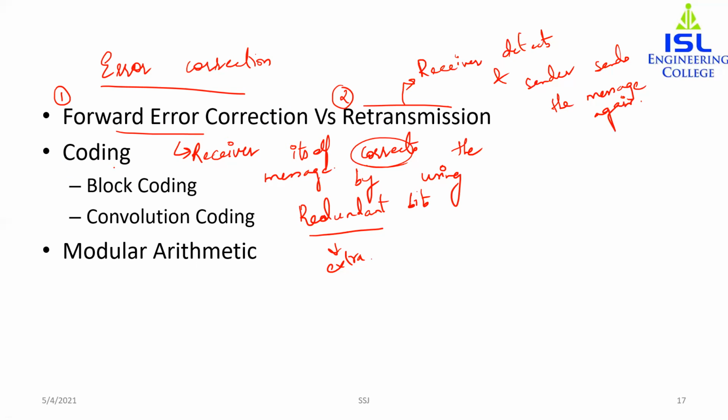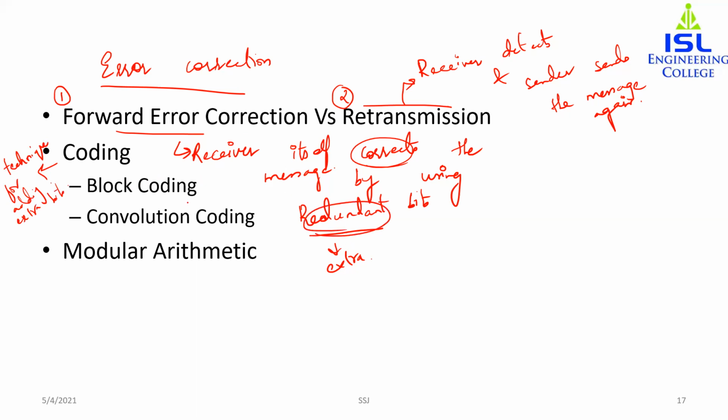So we use different kinds of code words or code schemes to add extra bits. This is actually a technique for adding extra bits. The sender adds redundant bits, and whenever I use the term redundant, it means extra.